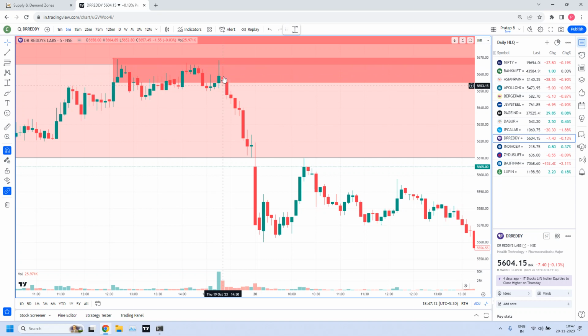So again you have a base candle, you have a drop candle. And because this is looking like a rally candle, you draw your zone from the high of this candle, because among these 3 types of candles, whichever has the high, that you will select for your digital line.